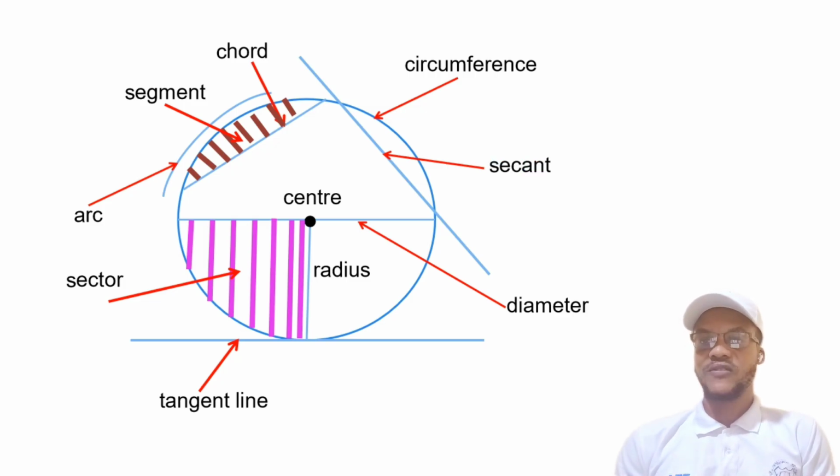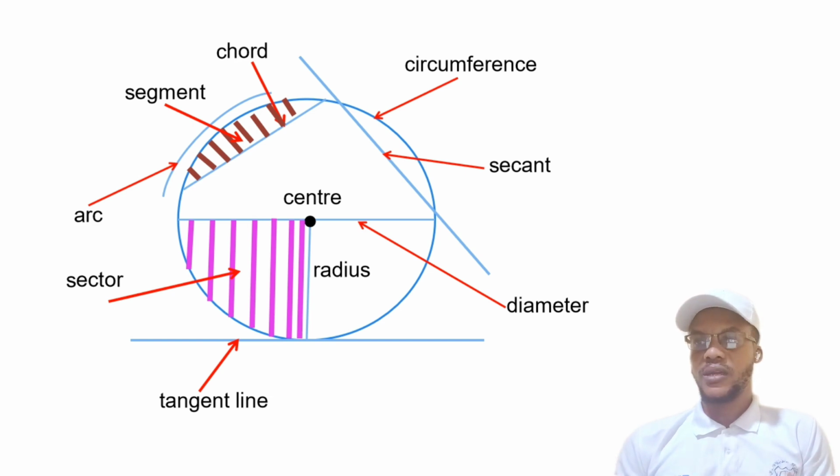Secant. Most of the time students get confused when it comes to the secant and the tangent line. They mix them up, they use them interchangeably. So one thing you should take note of is that the tangent line just touches the circle at one particular point.